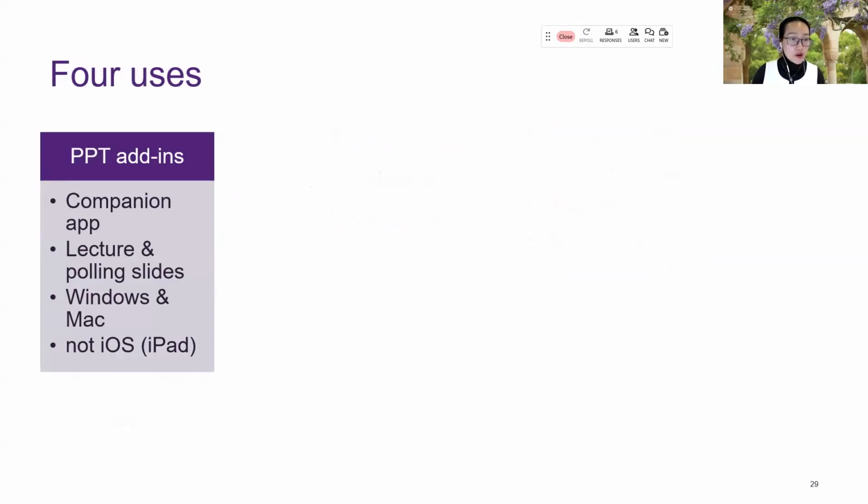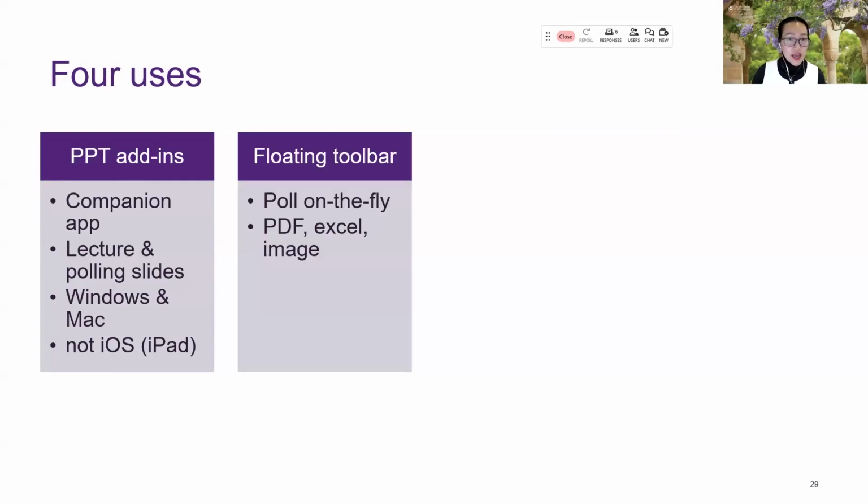It works on both Windows and Mac, but not on iOS if you use an iPad for presenting. The floating toolbar is used when you didn't prepare the poll and want to ask a question on the fly. You can enable the app and ask the question verbally. Then the system captures whatever is on the screen onto the students' mobiles, and the students answer the question.